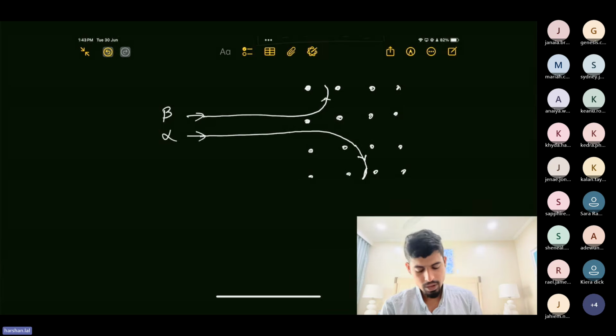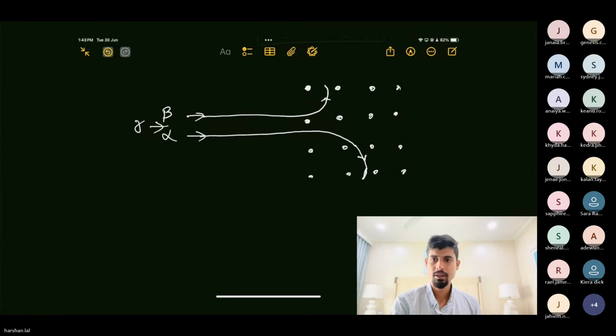Now, how would a gamma ray pass through this magnetic field? So if this is a gamma ray like this, a gamma particle, how would it pass through?